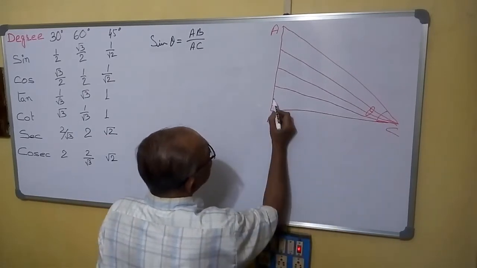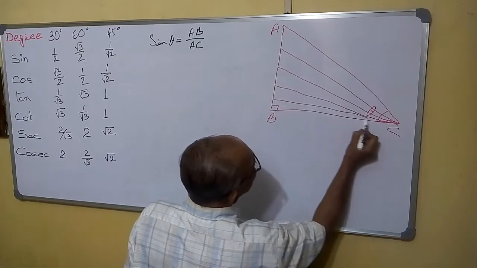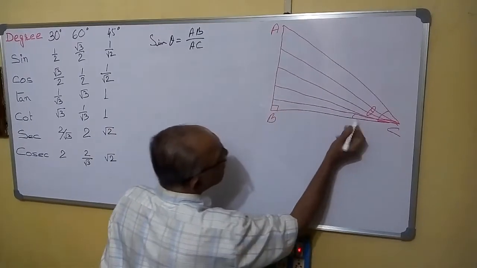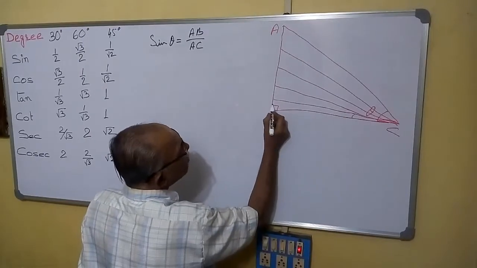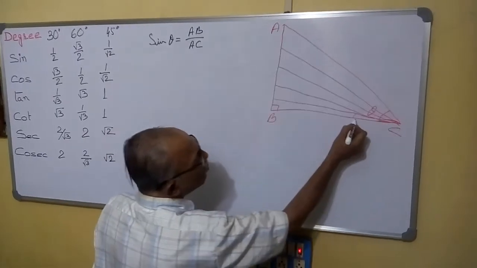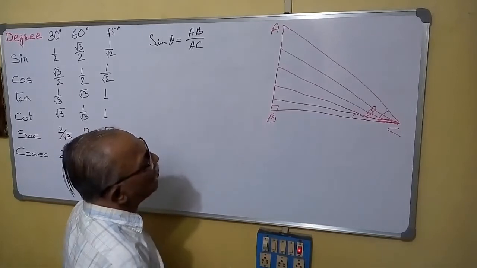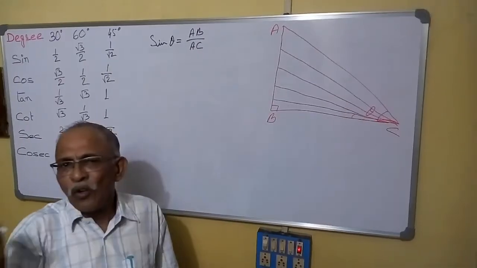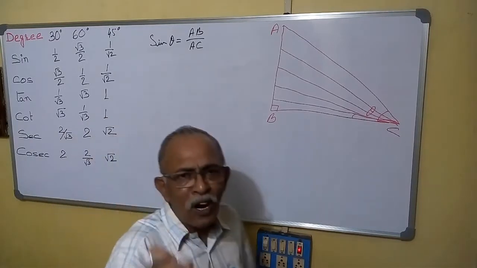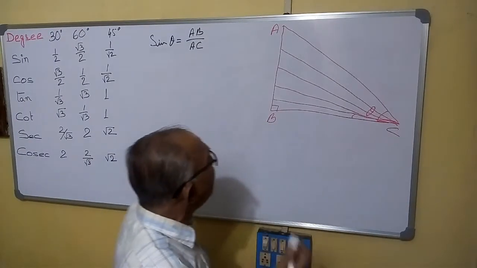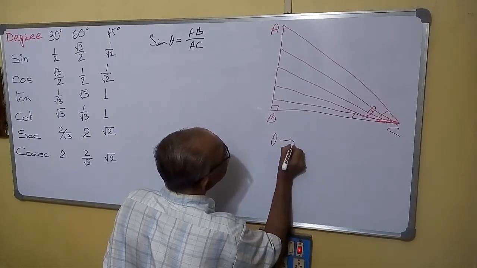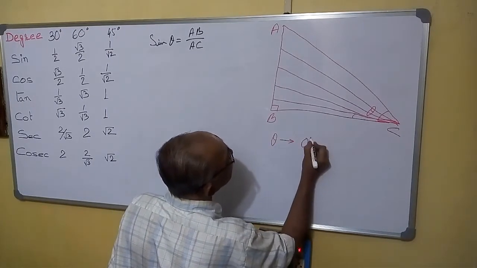If we take it further closer, it will become further smaller. So this theta is slowly going to become smaller and smaller, so we can say theta is moving towards 0 degree.